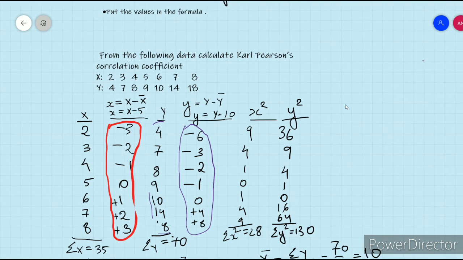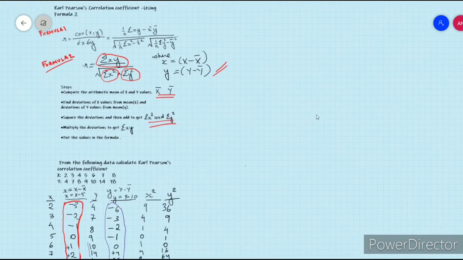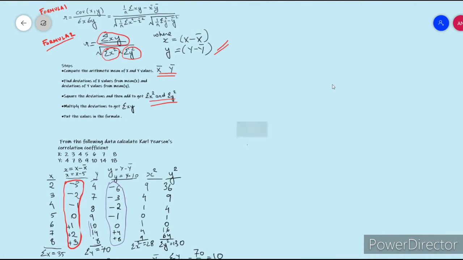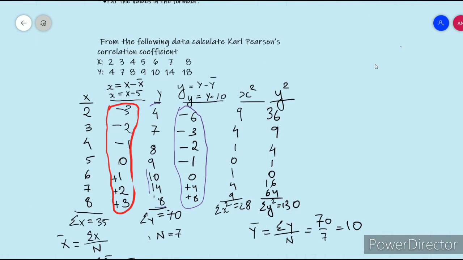And the next step is to multiply the deviations and to get the sum, which means you multiply the x values and the y values. So the small x and the small y value, so we multiply the deviation.